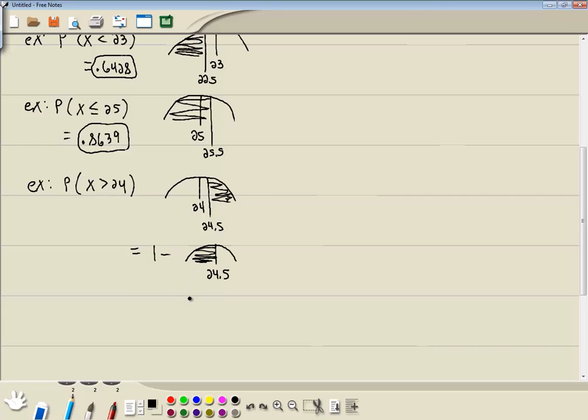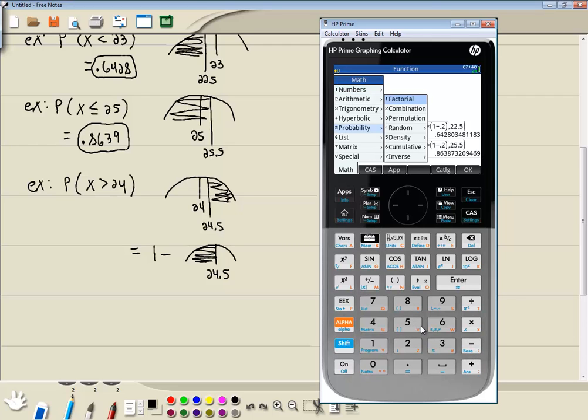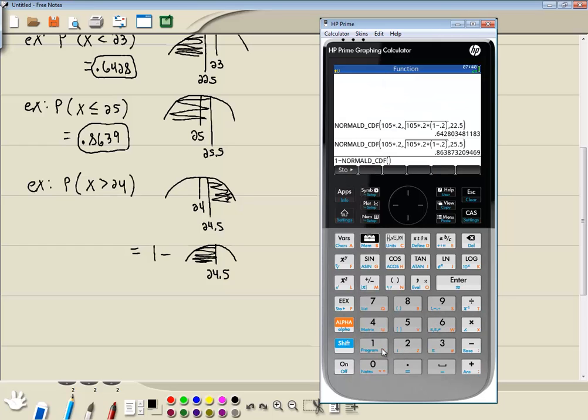And now we're ready to plug that into our HP Prime. So I'm going to do my 1 minus, and then I'll choose my toolbox. 5 for probability, 6 for cumulative, 1 for normal. We've got our mean, which is n times p. So 105 times 0.2, comma, square root.